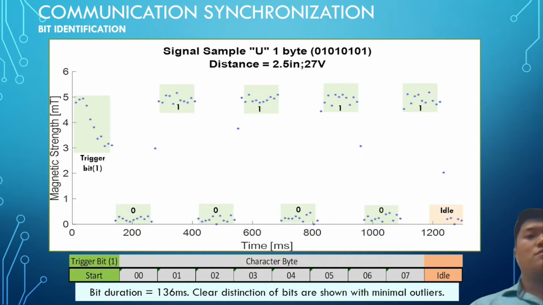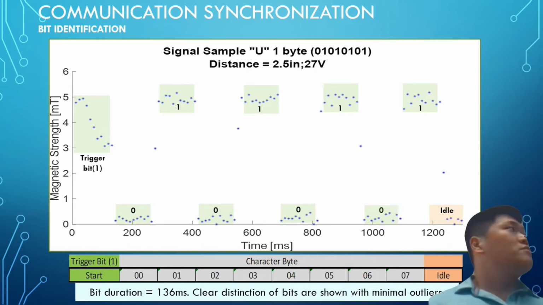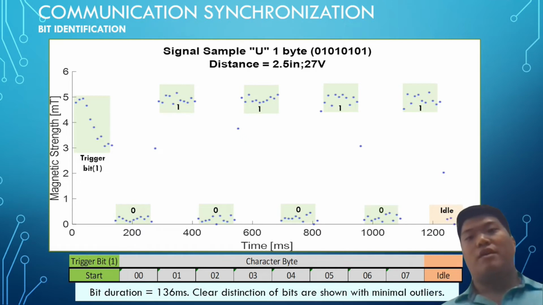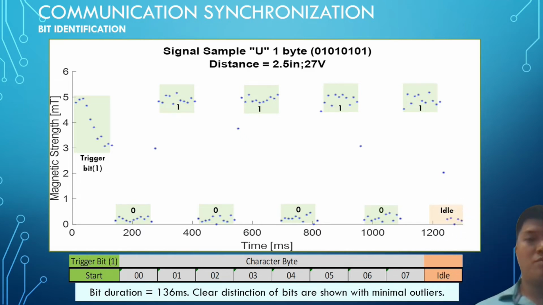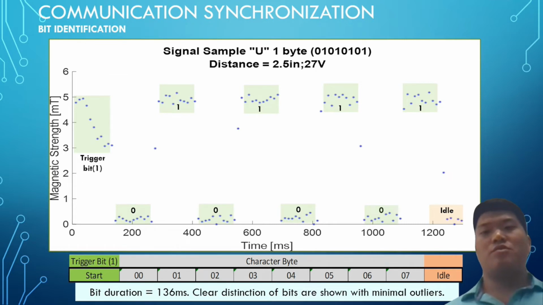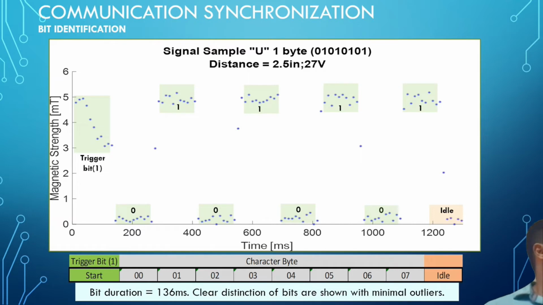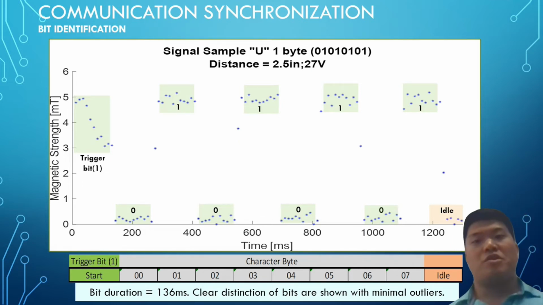So using those signal-to-noise ratio values, the rise and decay time, and the sampling rate, I was able to determine my bit duration, and my bit duration is 136 milliseconds. Bit duration is important because it needs to give enough time for each bit to fully develop to its potential magnetic field strength.